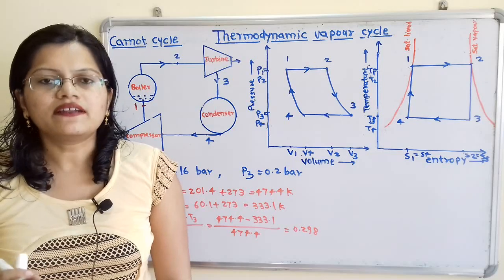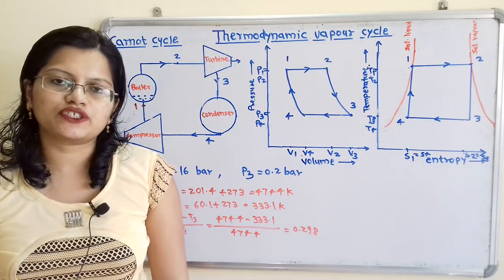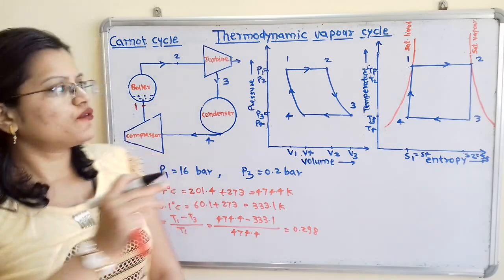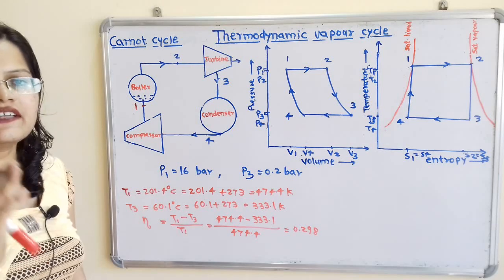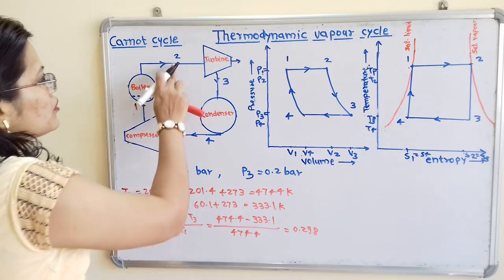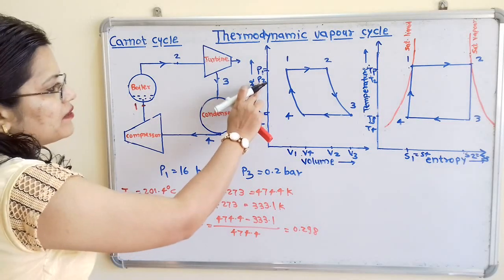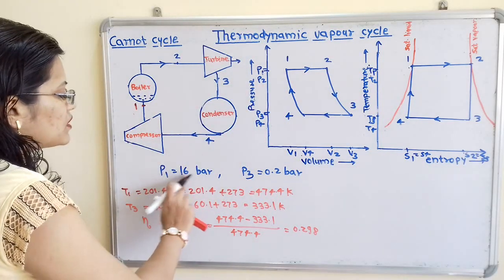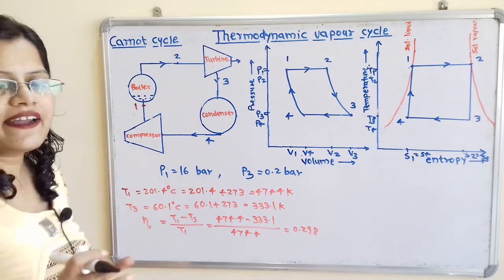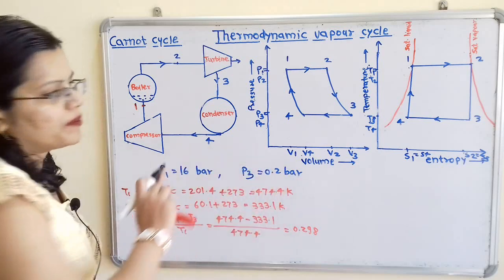It is given that the power plant is supplied dry and saturated steam at a pressure of 16 bar. If we observe this diagram, at point 2 there is dry and saturated steam. So here at point 2 pressure is P2 and P2 is equal to P1. So we can say that P1 which is equal to P2 which is equal to 16 bar, and it exhausts at a pressure of 0.2 bar.